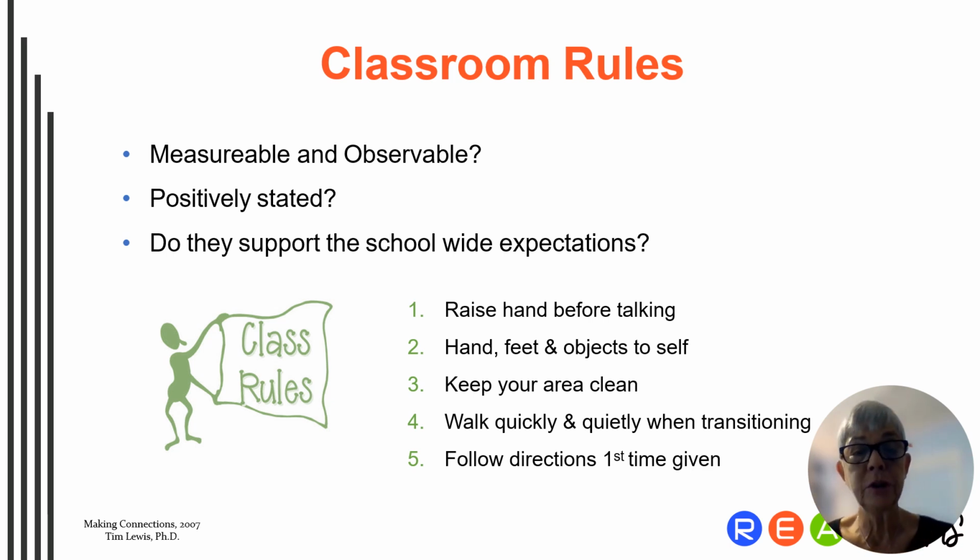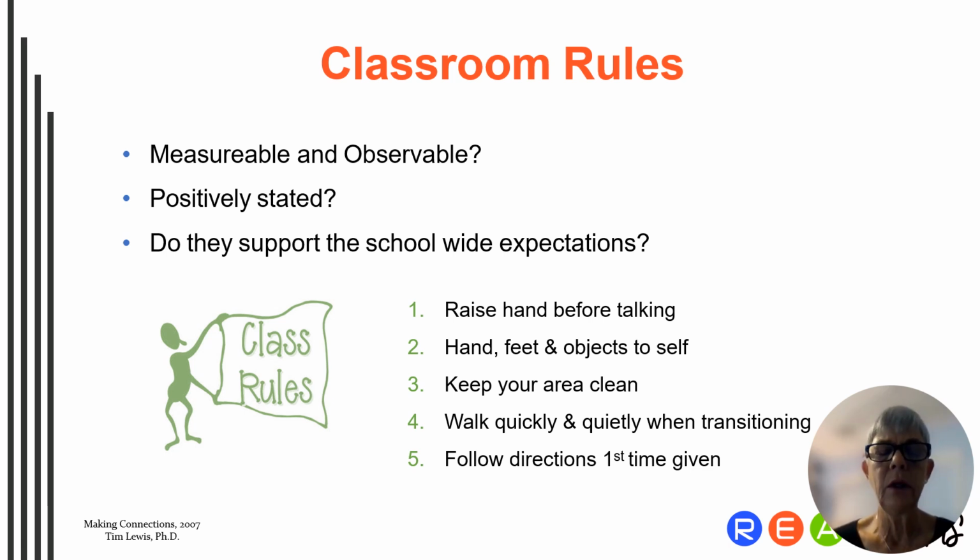Raise your hand before speaking, ask permission before getting out of your seat. So we're telling the student what it is, the behavior that we want to see, what it is that we want them to do. And if your school is implementing school-wide positive behavior interventions and supports, then we want to make sure that your classroom rules are aligning with your school-wide expectations.